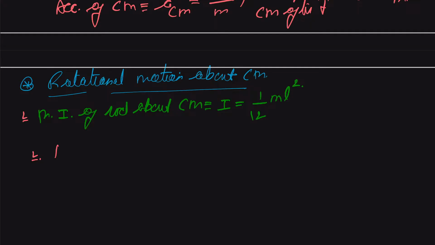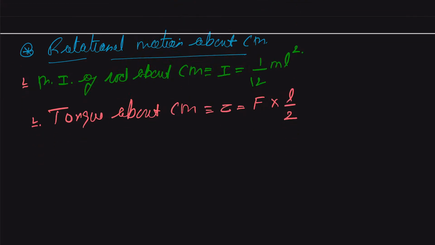Therefore we can say that our torque about the center of mass, suppose tau, is equal to force multiplied by the lever arm, that is L/2. And now we can easily calculate the angular impulse delivered during time t.